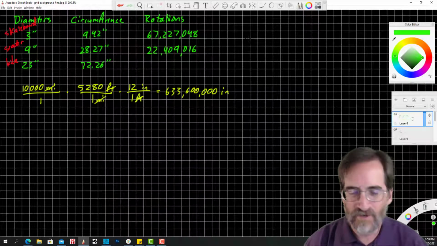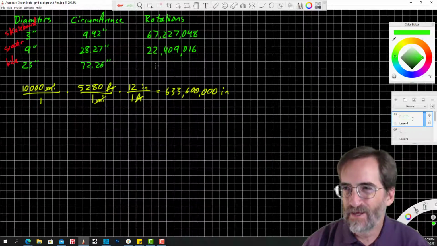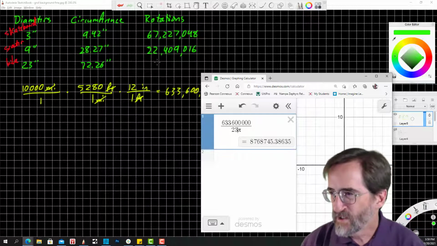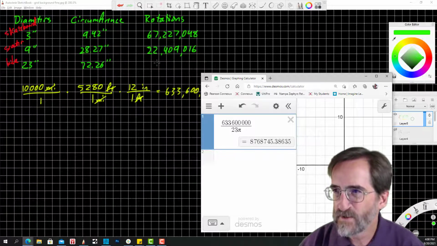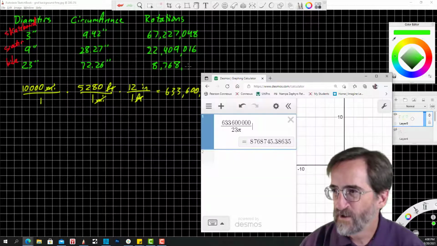Use different diameters, please. Okay, and then for the bike, we're going to do 23 pi. All right, so 8,768,745 rotations.